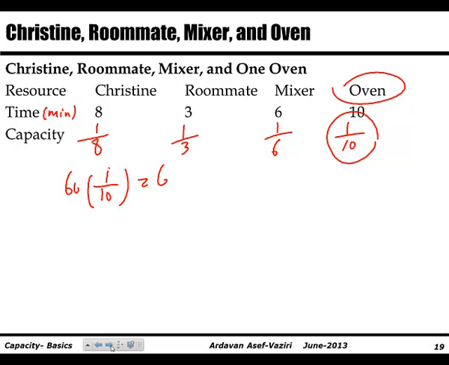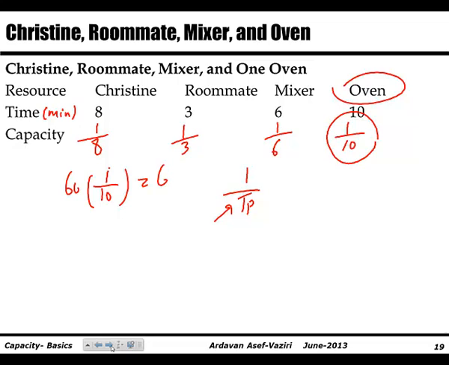If I just divide 1 by those 8 minutes, 3 minutes, 6 minutes, and 10 minutes, I get capacity. If these numbers were hours, then 1 divided by each of them would give me capacity per hour. 1 divided by TP is capacity per the same time unit that TP is stated.